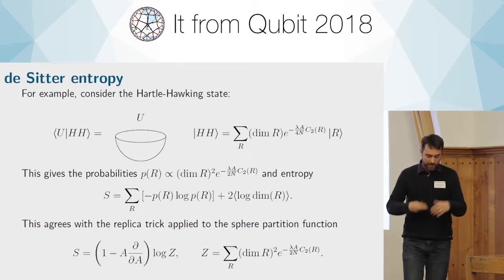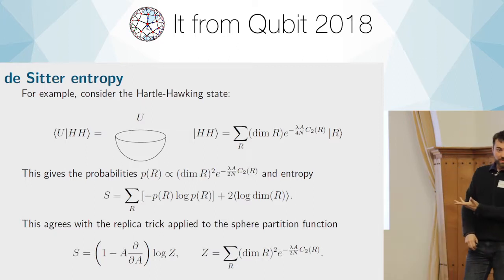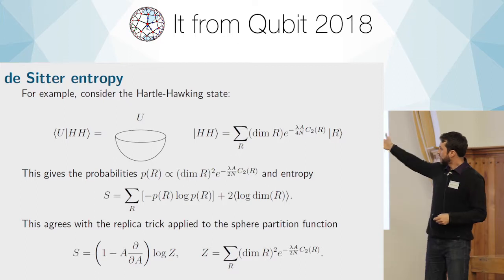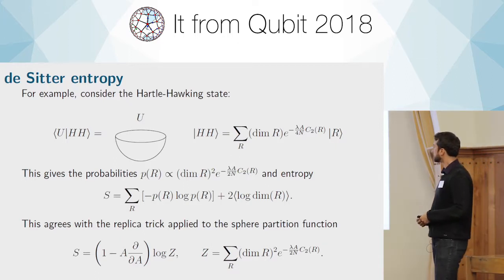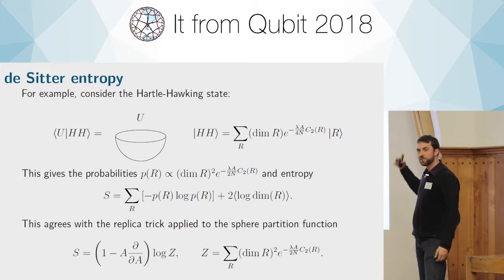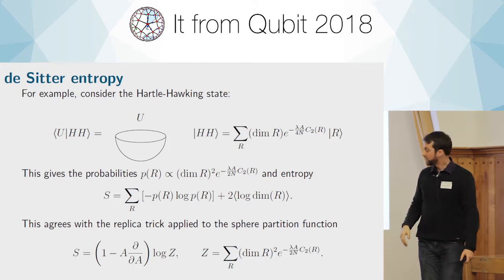So now we can look at the example that I wanted to, which is the de Sitter entropy, which is just the entanglement entropy of the Hartle-Hawking state. We prepare the Hartle-Hawking state by doing this path integral over the hemisphere. And because this theory is so simple, one can work it out explicitly. So there it is.